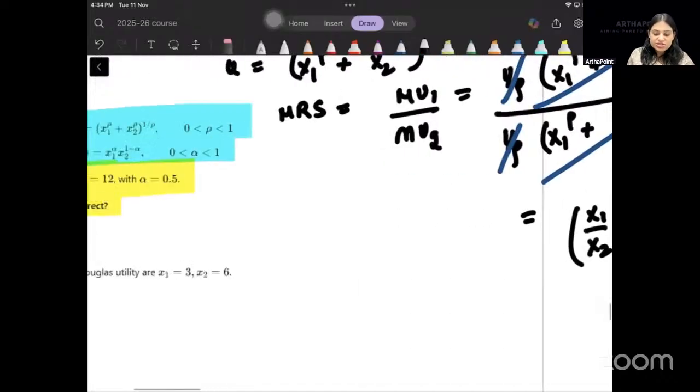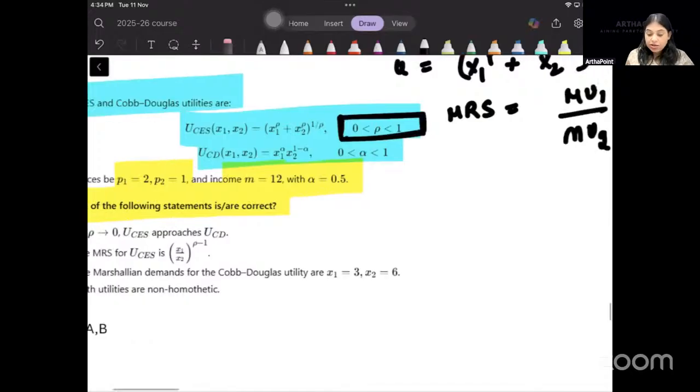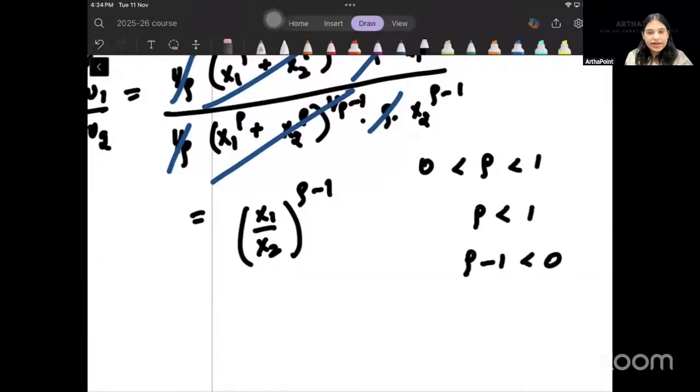Now, since it is given that rho is between 0 and 1, I'm just finding it generally. So rho minus 1 will be negative, because rho is less than 1.